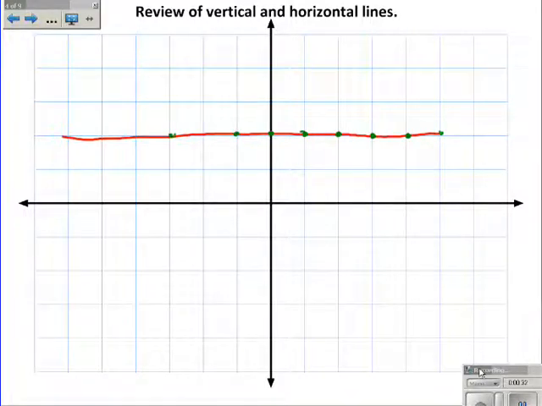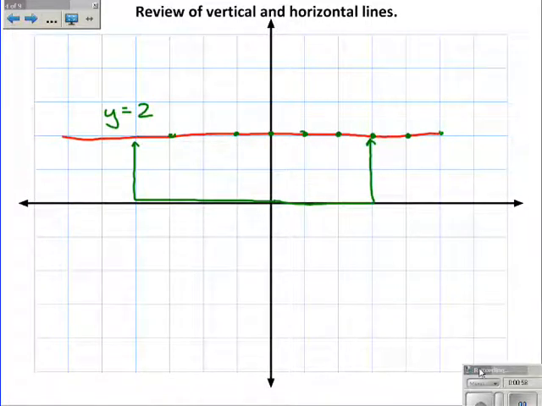Okay? So no matter how far we go over an x, we will always go up 2 units. Okay? And so this line is y equals 2, which can be a little counterintuitive because it's kind of parallel to the x-axis, and so we kind of may want to call it x, but the point is the fact that it always has the same y value, and so the line is y equals 2.